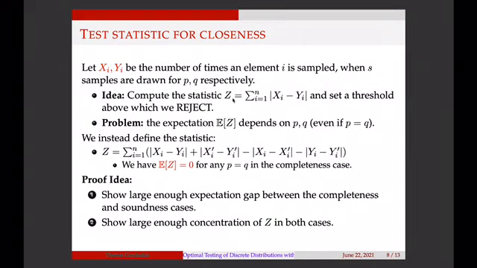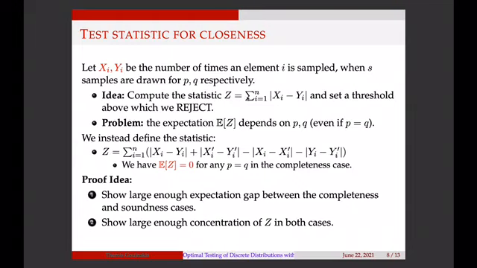The completeness case is the case where, in this example, the two distributions are equal, P is equal to Q. The soundness case is when the total variation distance between the two distributions is at least epsilon. So our goal would be to find a statistic that in expectation is very far apart in the two cases, and also has good concentration. By setting a threshold, we can output accept if the statistic is below the threshold, or reject if it's above it.